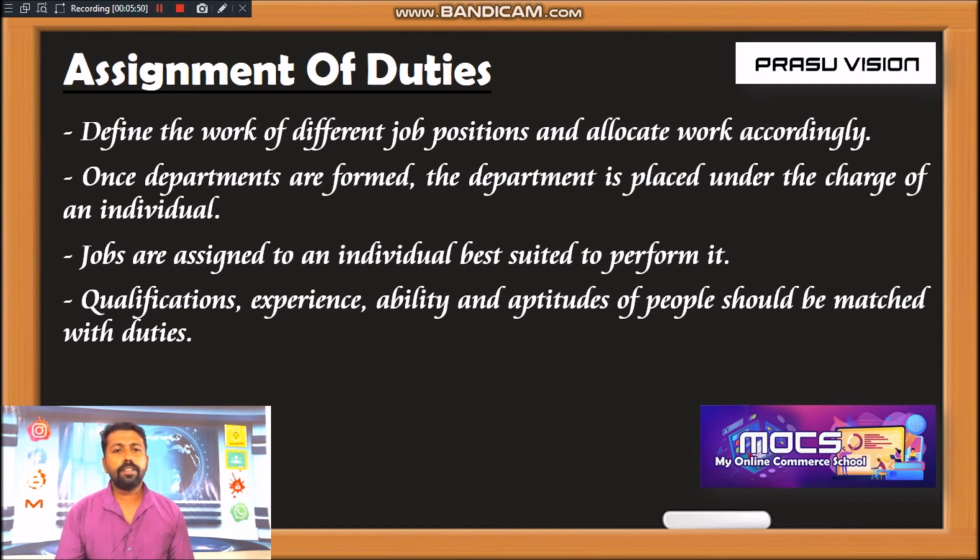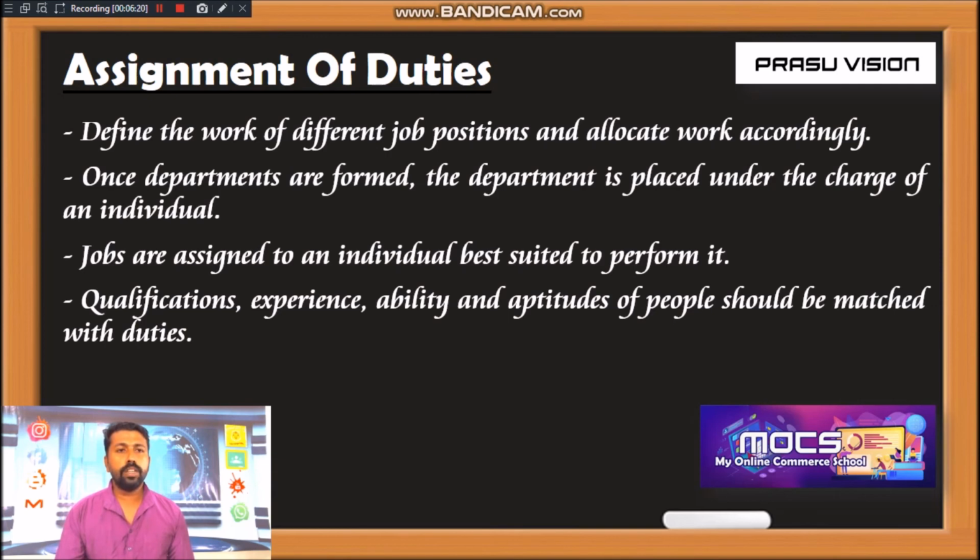Once departments are formed, the department is placed under the charge of an individual like a marketing manager, HR manager, finance manager, etc. Then jobs are assigned to an individual best suited to perform it. As I said, one person who is able to operate the machines will get that task. If he is not able, he or she will get another task which they can perform.